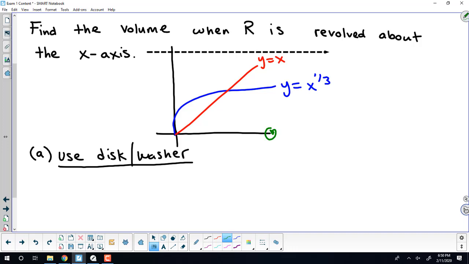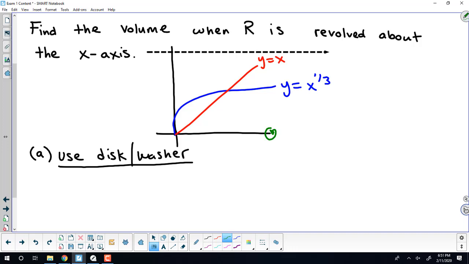Remember, with the washer method, the outer radius is the function that's furthest from the axis of revolution. If we revolved it around this line, the outer radius would be the distance from the axis of revolution to the function itself, that's 2 minus x.